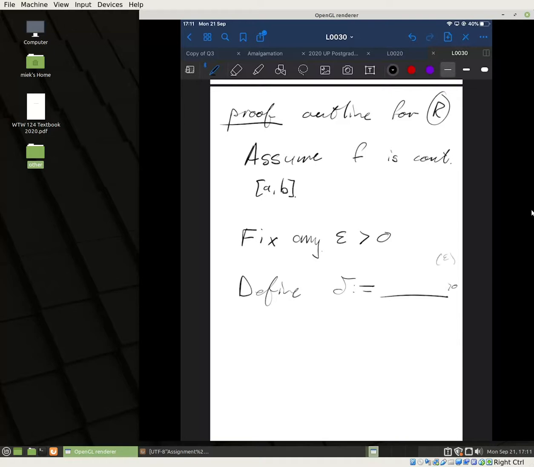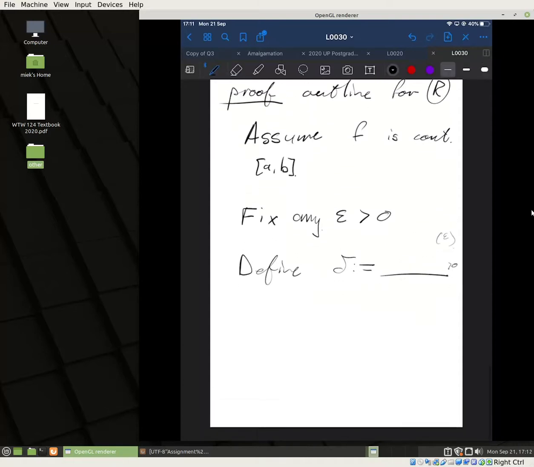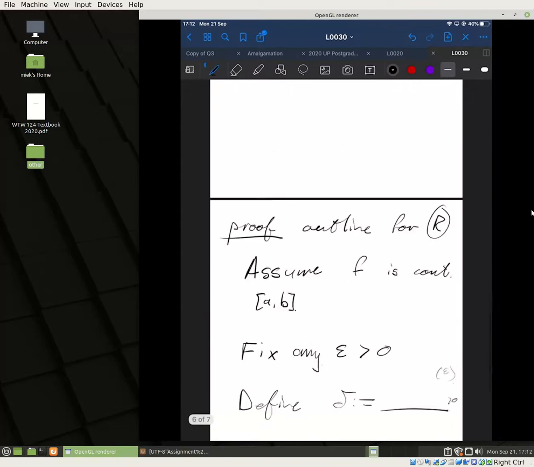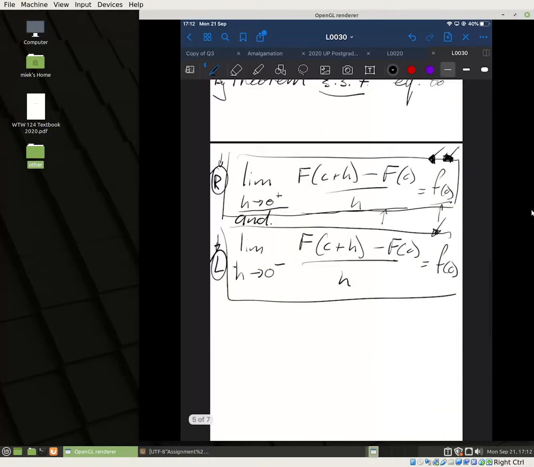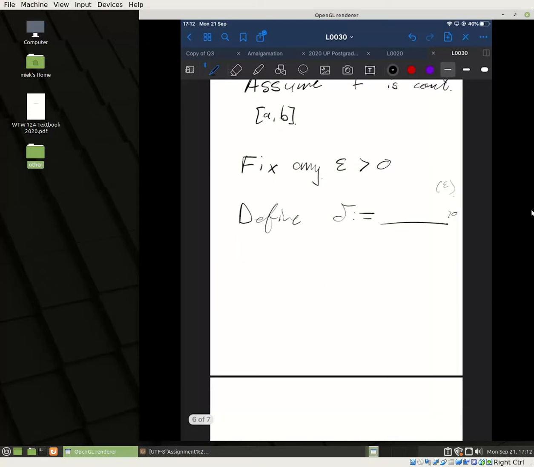We are allowed to use epsilon there, and any of our previously defined symbols. Since we are taking our limit as h tends to 0 to the right, we want to show that if h is between 0 and delta, then something happens.